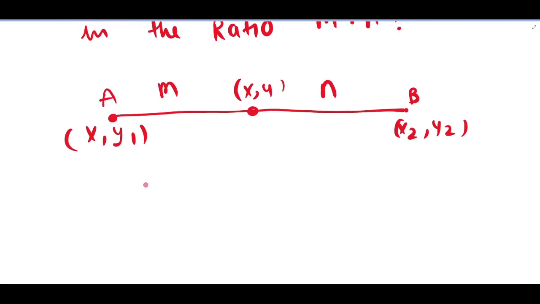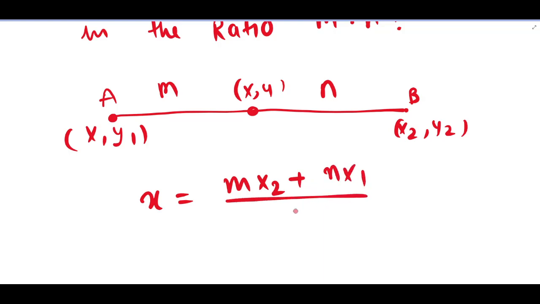So we can write the point x as m x2 plus n x1 divided by m plus n.